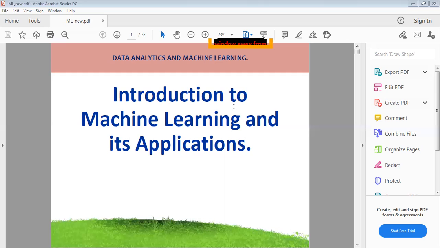So, introduction to machine learning and its applications. Now we shall see what machine learning is. We are humans, and we think about what the computer should do. We think, we give the input, and we get the associated output for that.